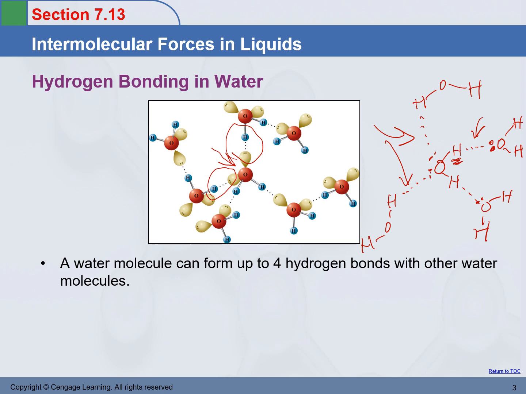Keep in mind, a water molecule can form up to four hydrogen bonds. However, it doesn't have to form four. It may form one, two, three, or four, or maybe even zero. But it has that capacity of four.